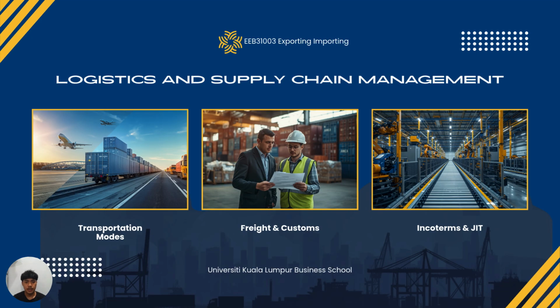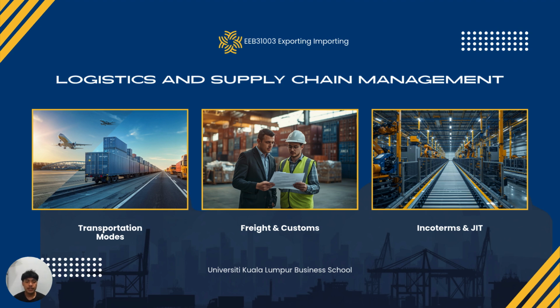Move on to the next slide, which is logistics and supply chain management. So, efficient logistics and supply chain management are critical. Modes of transportation like air, ocean, rail, and trucking each have their advantages depending on cost, speed, and also the product type.